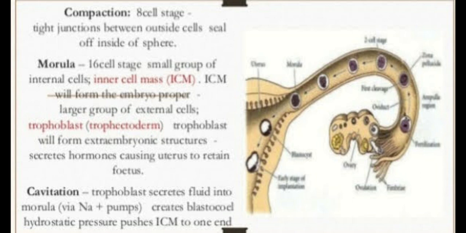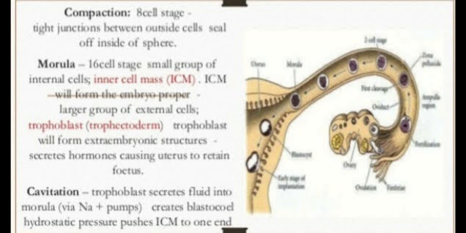So the next stage is cavitation. The trophoblast secretes fluid into morula via sodium pump. This creates a blastocele.